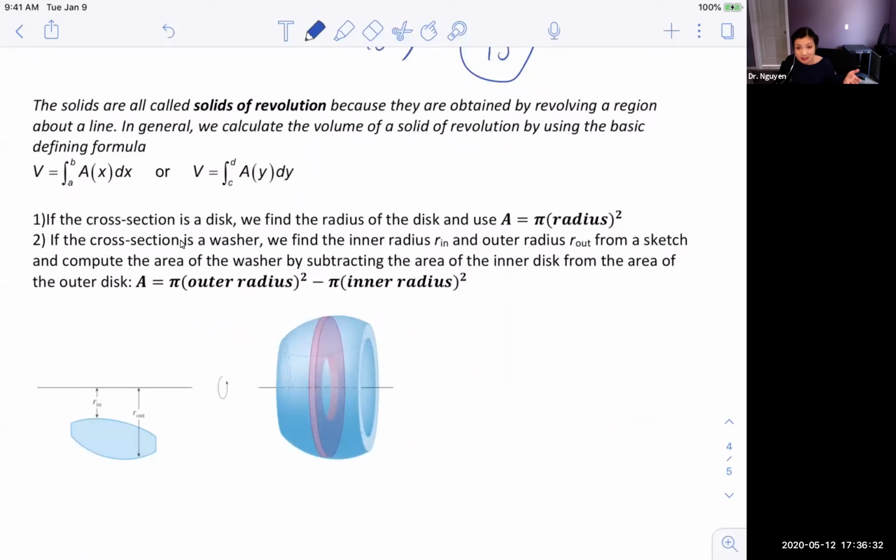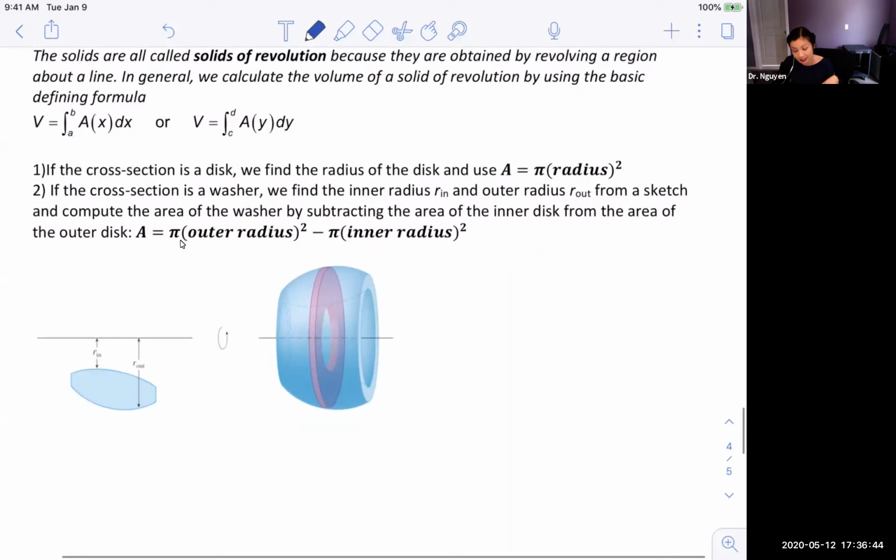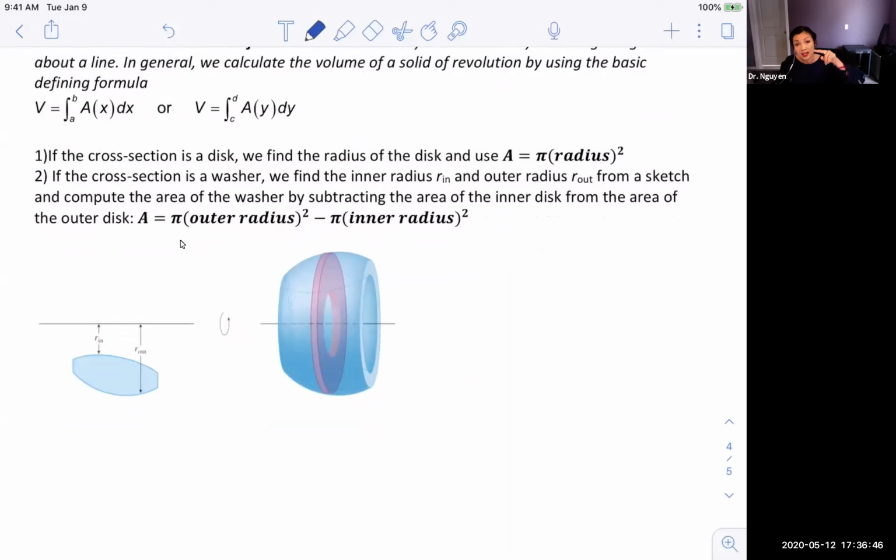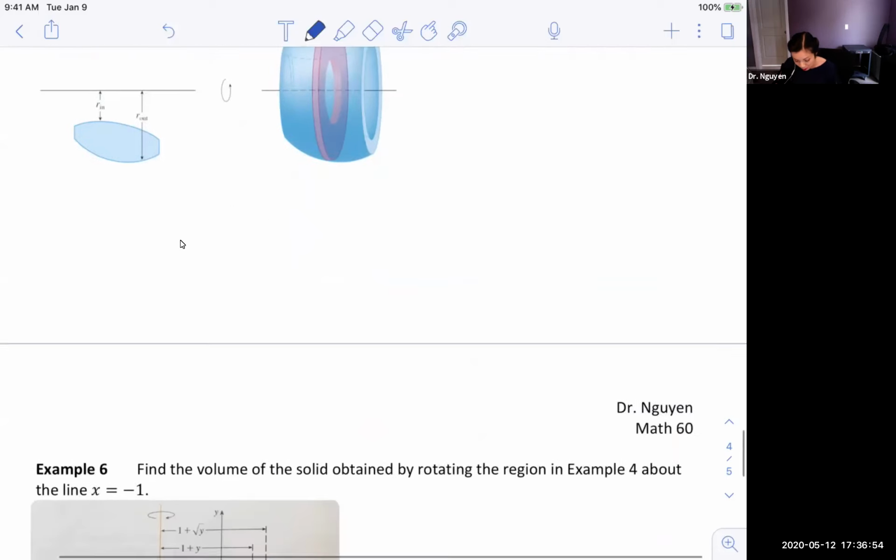If you get a disk, it's really simple, it's just one circle, so you have pi r squared. For the cross sections to be washers, we have the outer and the inner. And like I said, the inner is going to be the one that's closer to the line that we are rotating. Okay, so that's how you figure it out.